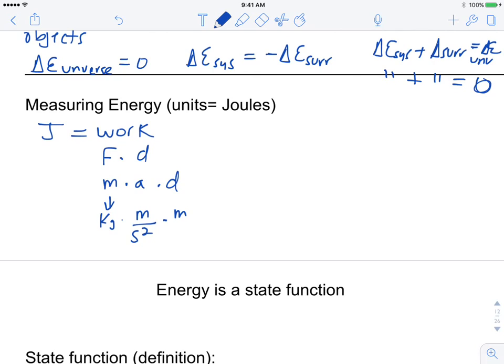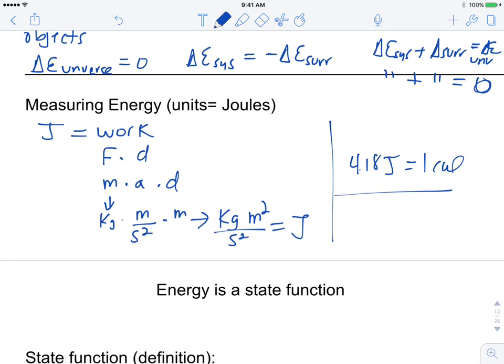And together, this would give us kilograms times meters squared over seconds squared. And this is what a joule is. A joule is equal to a kilogram times a meter squared over a second squared. We can also use calories, and there's 4.18 joules for every 1 calorie. It's going to become important if we're doing conversions between the two.